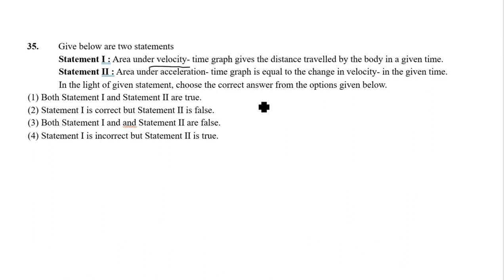Simply we can say v is ds by dt, so we can write ds, which is our displacement, is v into dt.